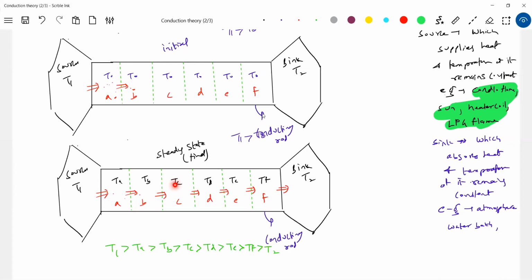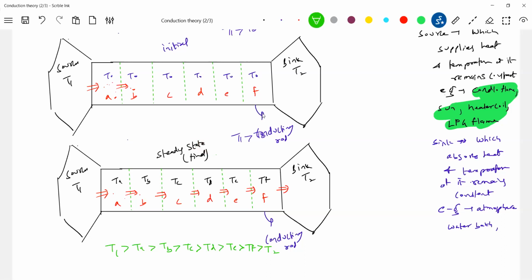What do you mean by that? No further absorption of heat will take place. Only the segments of the rod are involved only in transfer of heat. This is what our syllabus will be discussing. This particular phenomenon is called steady state or properly lagged steady state.